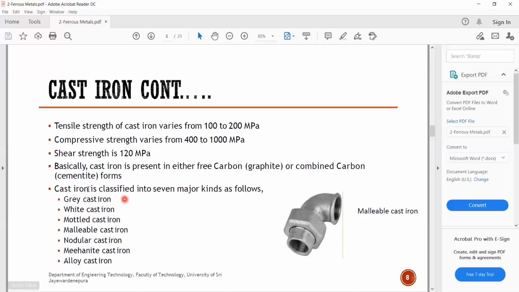So likewise, you can classify cast iron into seven major kinds. Normally, cast iron is present in the graphite form or the cementite form, right?